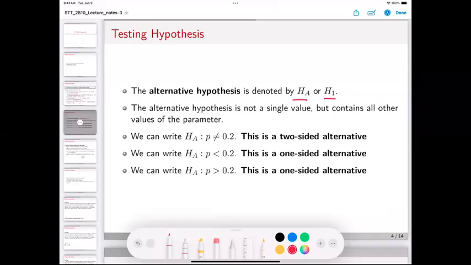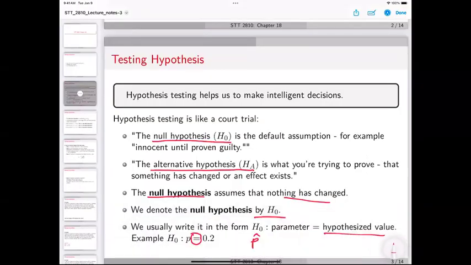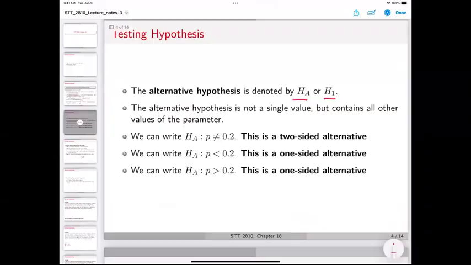And then the alternative hypothesis is not a single value, but all other values of the parameter. For example, here the null hypothesis is P equals 0.2. The alternative could be greater than 0.2, less than 0.2, and so on. I also want you to get this trick: the alternative hypothesis could be one-sided and it also could be two-sided.